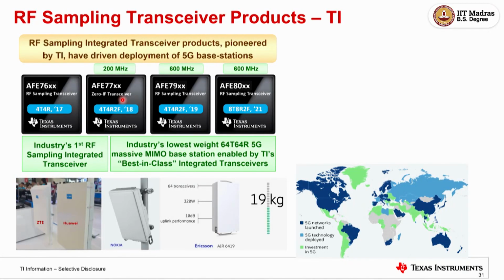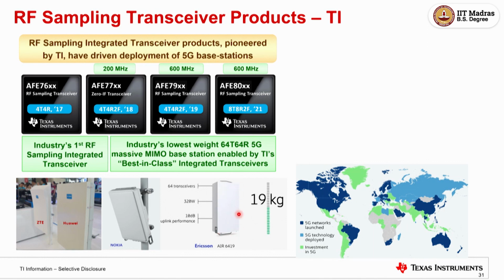But the summary of all that I'm saying is there are a lot of things that you have to do in architecture to enable bandwidth and power, and you can see the evolution of the size. So this is, I think, the latest. It uses one of these parts. It was presented at the Mobile World Congress, a base station done by Ericsson.